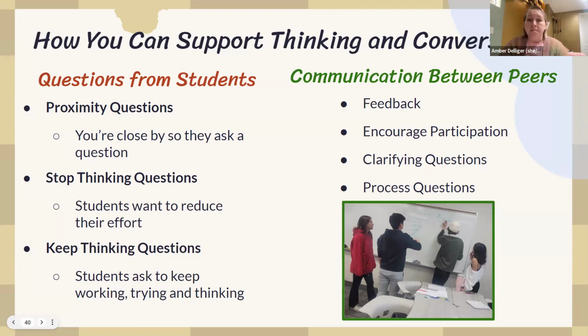An example might be giving our students permission to say things like, Lindsay, I noticed you haven't said anything. Would you like to add something? And giving some sentence stems to help them know how to use some of these strategies.